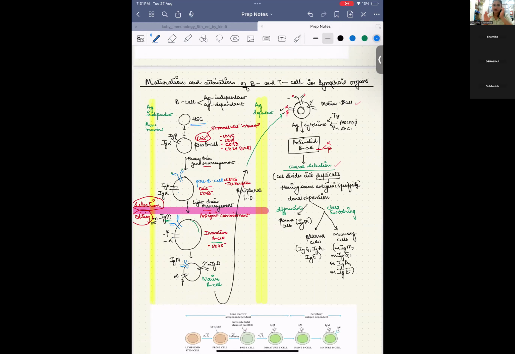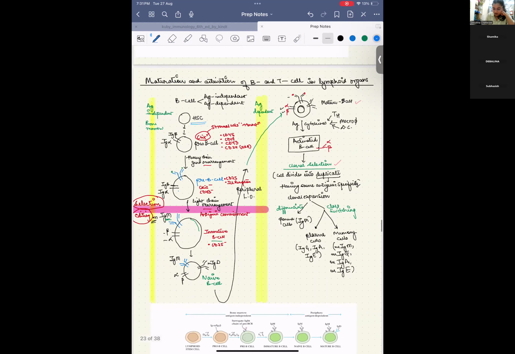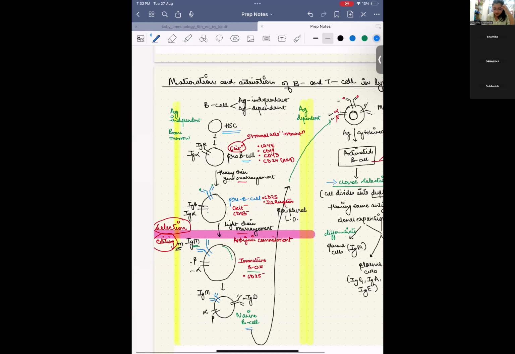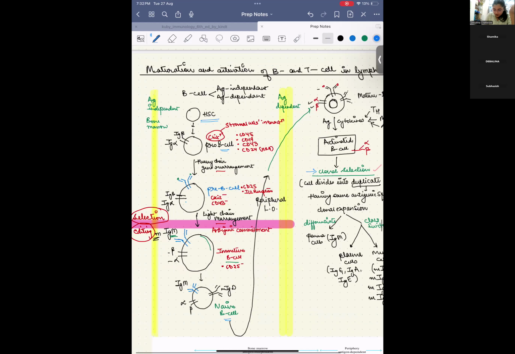So if you see here, we have a hematopoietic stem cell, which can differentiate into any lineage. Clonal selection comes much later. We first have a simple cell which is going to divide. If it ultimately has to become a B cell, this hematopoietic stem cell is going to express certain markers on its surface along with the Ig alpha and beta molecule.